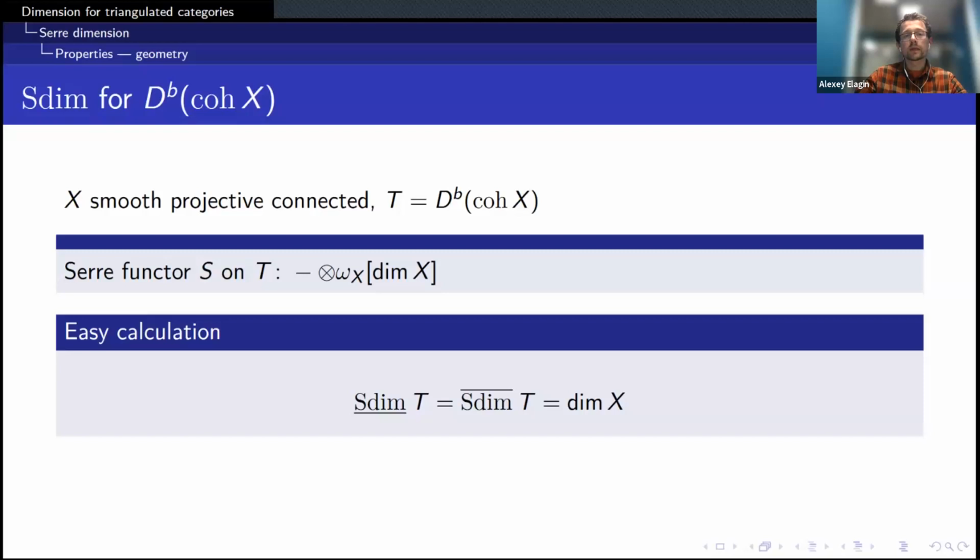So for categories coming from geometry, everything is good and well understood.